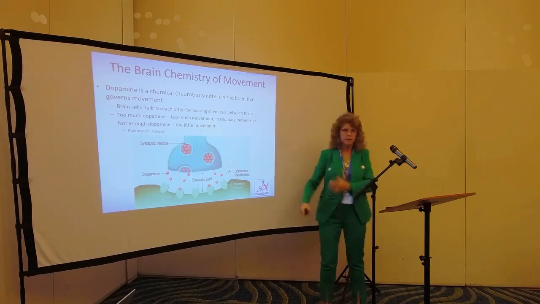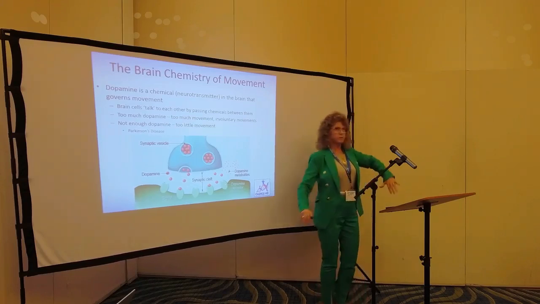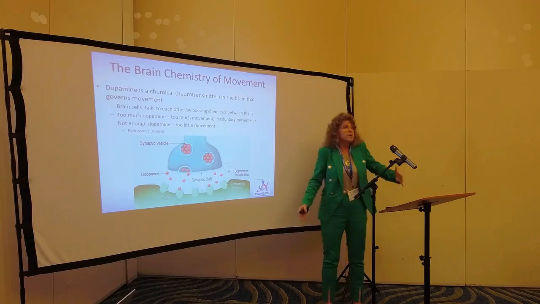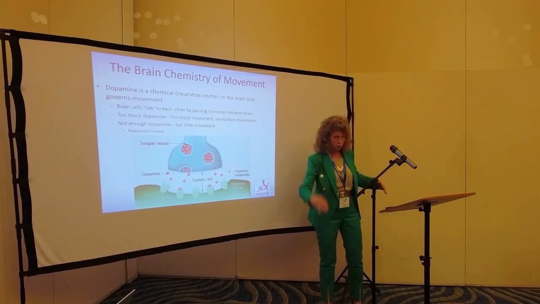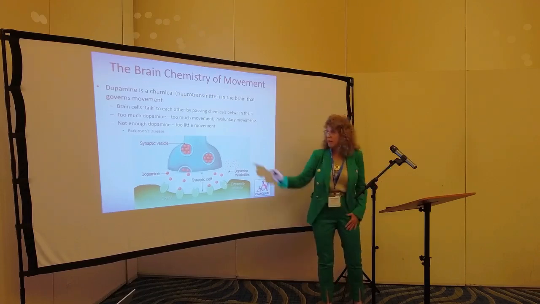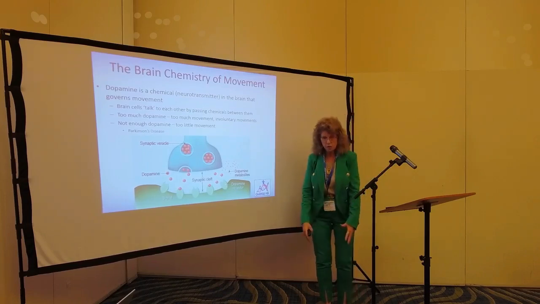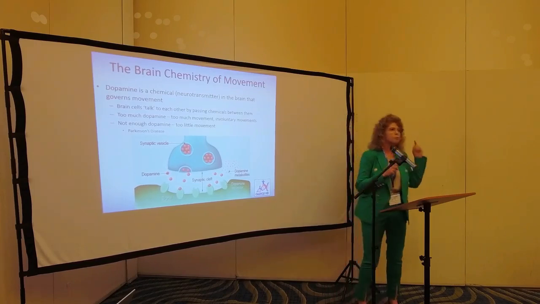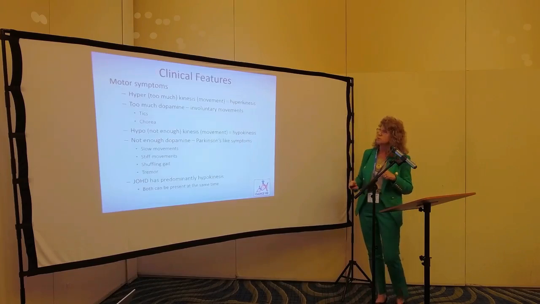Too much dopamine, and you're going to have too much movement, right? Involuntary movements. So the medications that we use for this will drop dopamine. And the opposite is if you don't have enough dopamine, you don't have enough movement, right? The medications in the brain are working directly on that neurotransmitter.